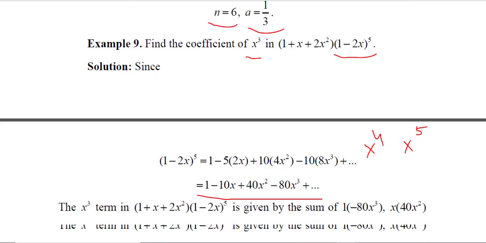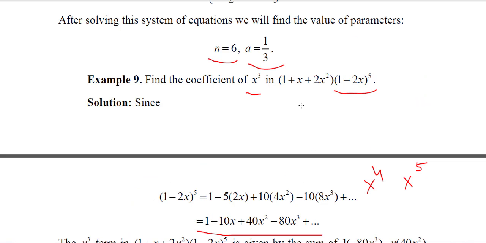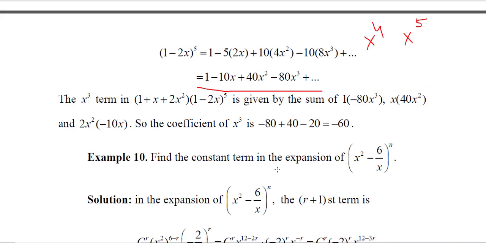this expression. And now let's multiply. Find the coefficient of x cubed. Yeah, here. So we will get x cubed when 80x cubed times 1, so it's minus 80, and 40x squared times this x. Yes, we need to multiply this bracket by this one.